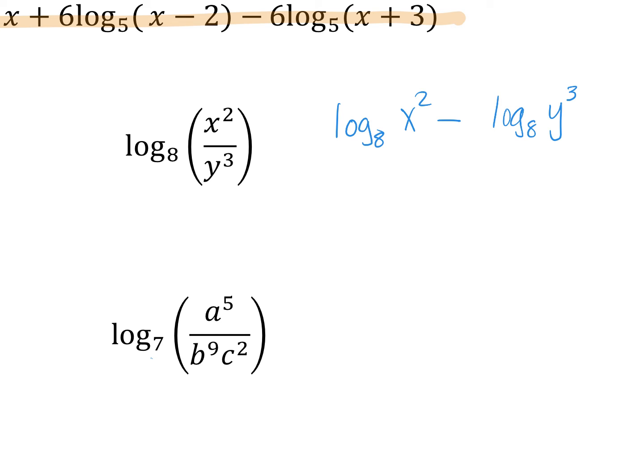Now, I might take that a step further and bring those exponents down front. So that would become 2 log base 8 of x minus 3 log base 8 of y. Just bringing those exponents down in front.